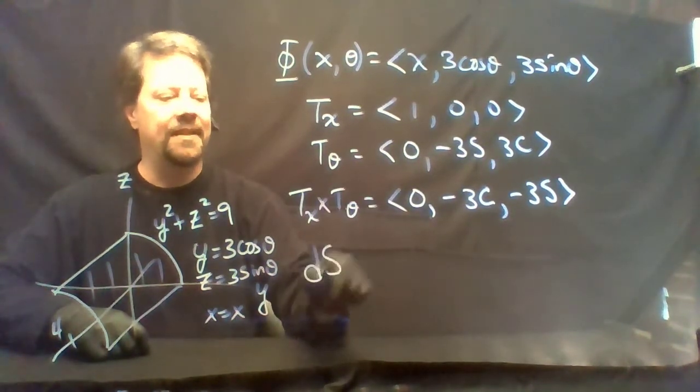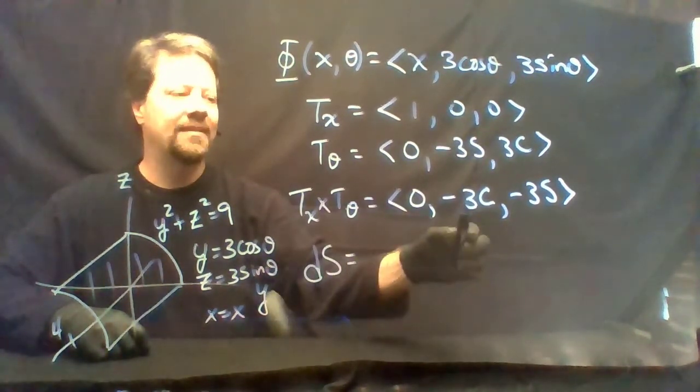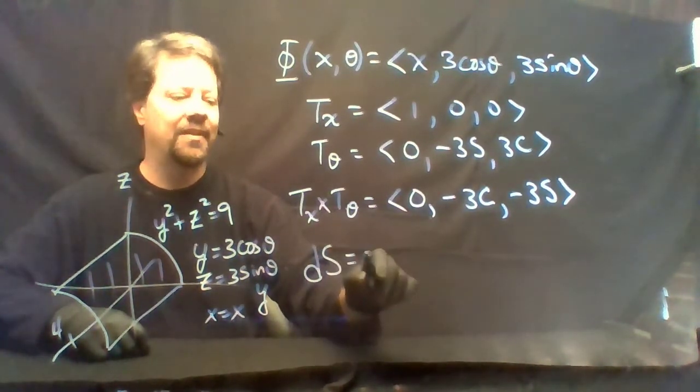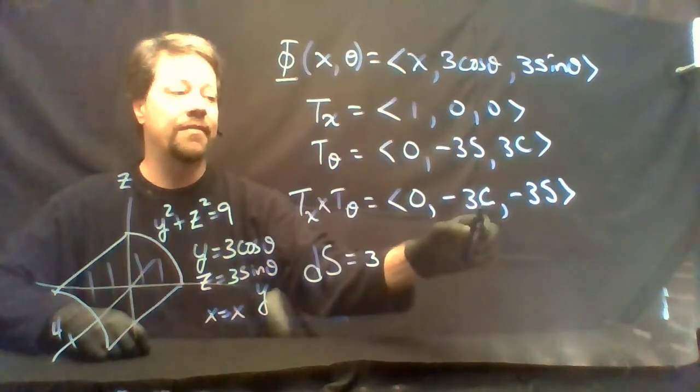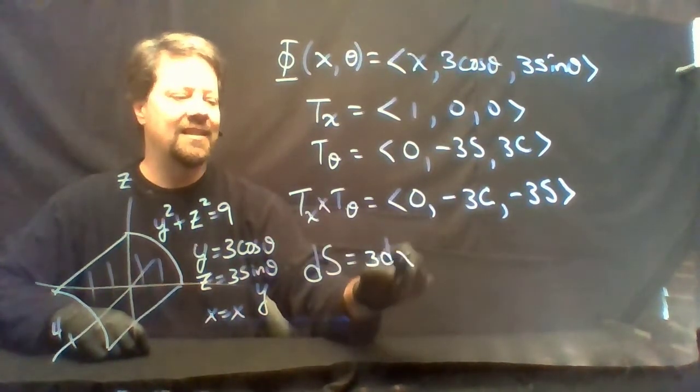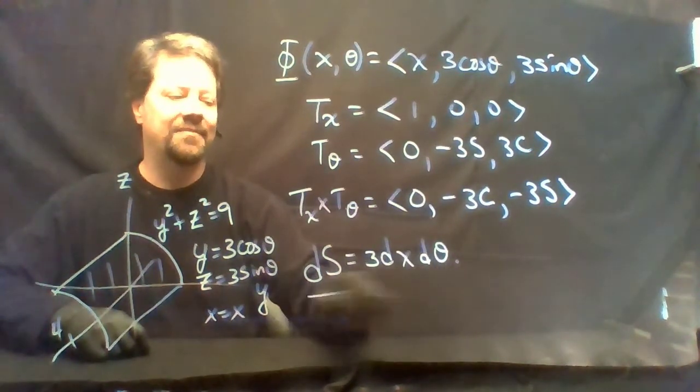The surface element will be the norm. You can see the 3 comes out, the negative 2 in absolute value. We'll have 3 times the square root of cosine squared plus sine squared, which is 1, dx d theta.